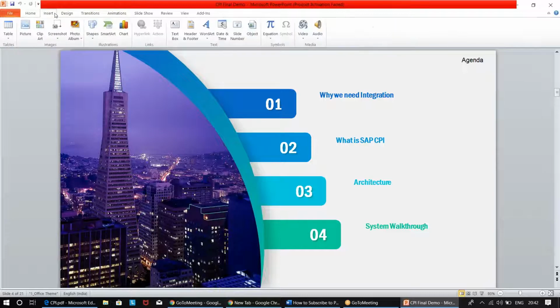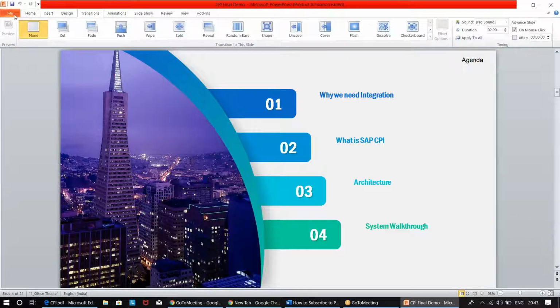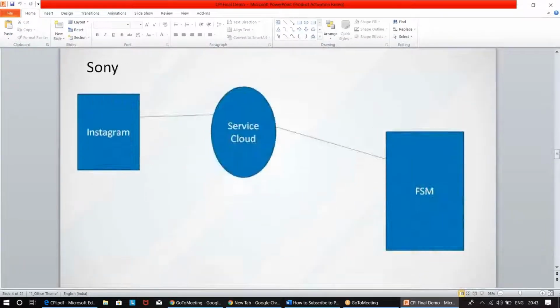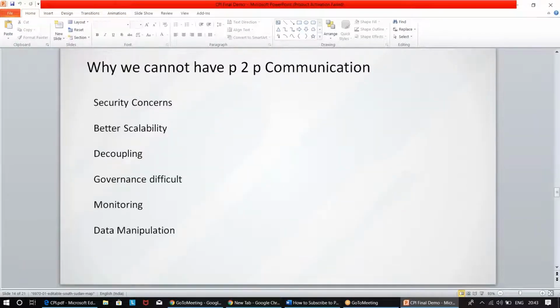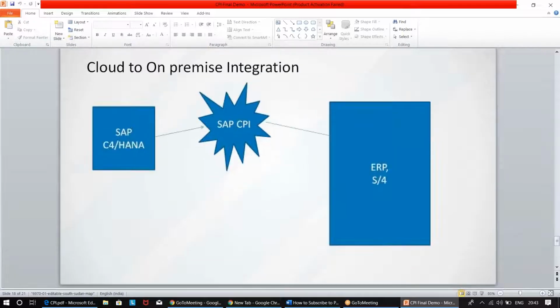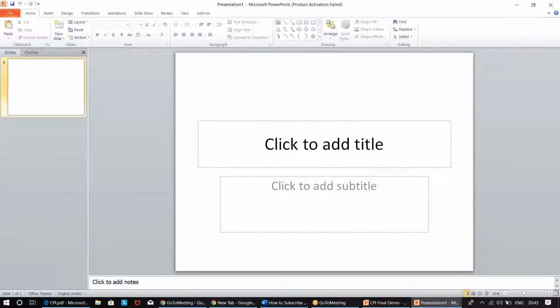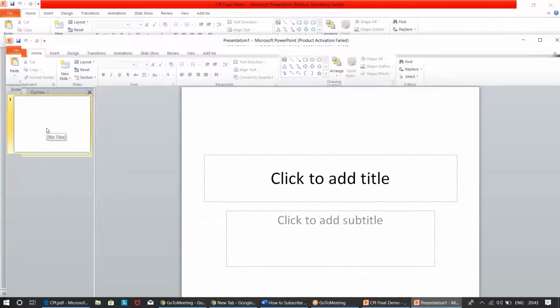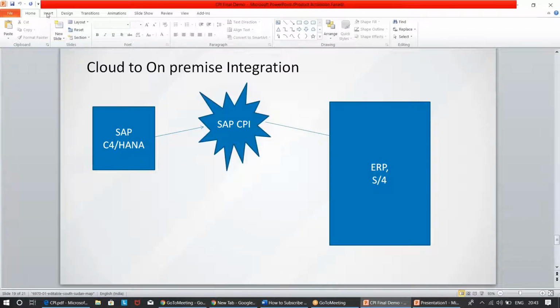This is one of the catches here. Home is an outline. Let me just try out. Sorry, just give me a moment.